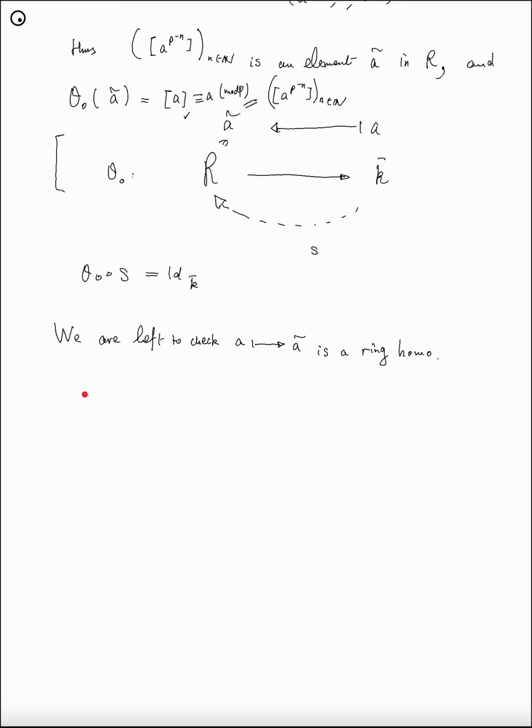Okay, so a plus b is mapped to a plus b to the power p to the minus n.